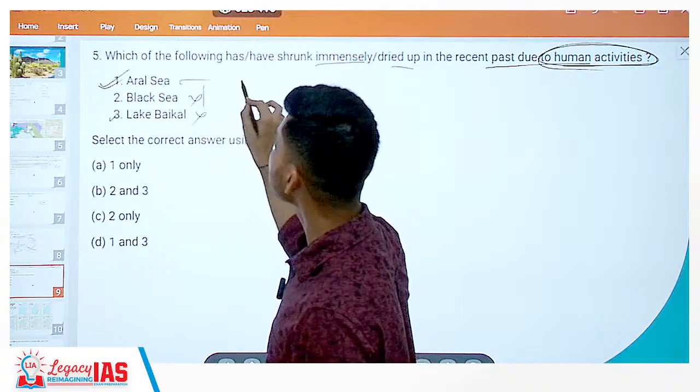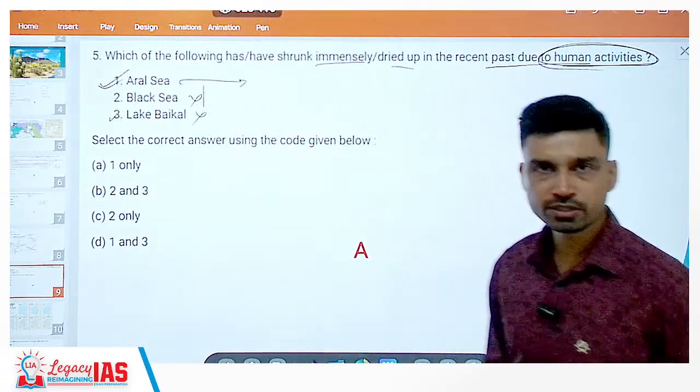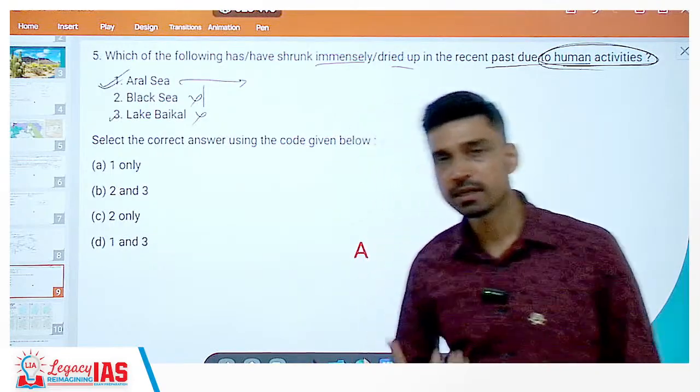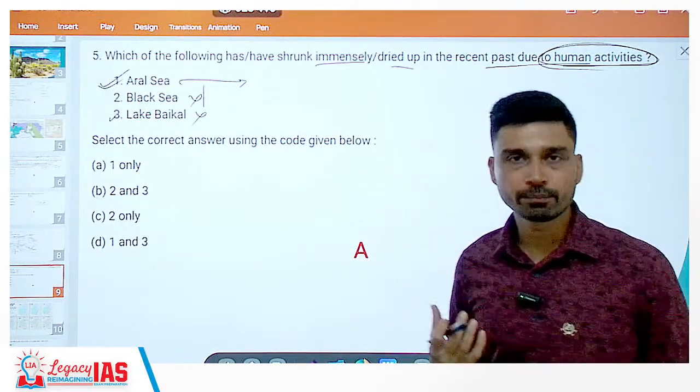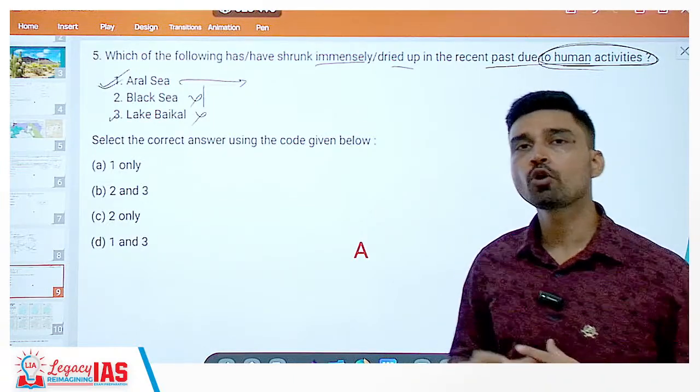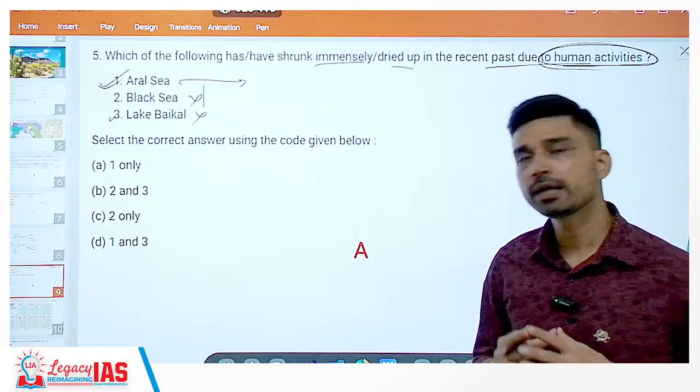The Aral Sea is situated on the border regions of Uzbekistan, and since the 1970s and 1980s especially, it has immensely dried up. Some geographers believe it has dried up almost 90% of its actual volume.